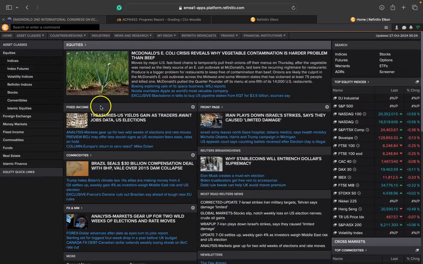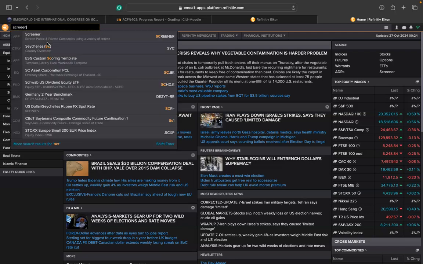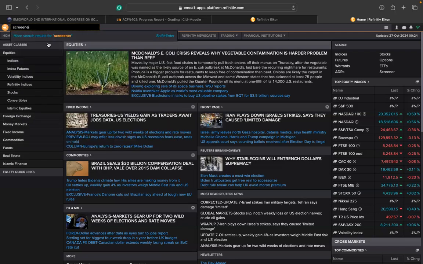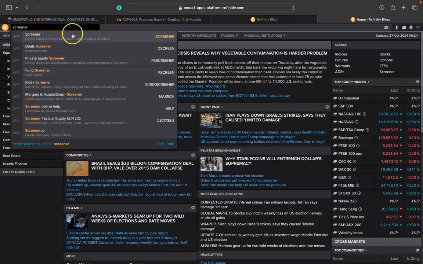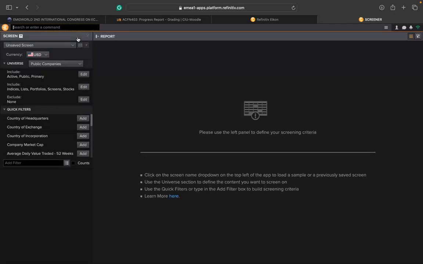In order to download the data, first of all, you need to go here to the search or enter a command section. Then you need to write screener. Now, screener is a module within Refinitiv Eikon where you can download the data.